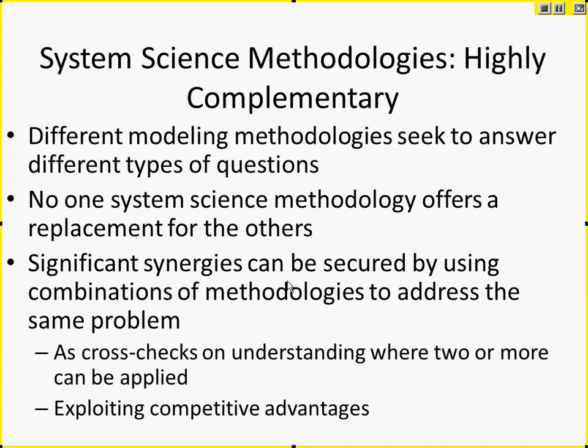And the reasons cross from issues having to do with what you can demonstrate formally or mathematically, to issues of convenience, to issues of skill sets that are available, to issues of ease of representation, to issues that certain types of processes, certain types of information about processes are much easier to collect in certain models than others.